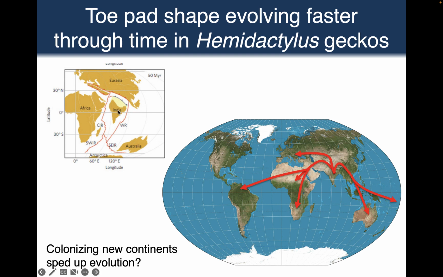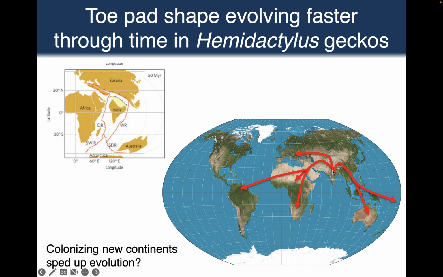Were Hemidactylus on the Indian subcontinent, and when it crashed into Asia, allowed them to colonize the rest of the world? Maybe, but the sister groups to Hemidactylus were also from Asia, so that doesn't quite make sense. Where if Hemidactylus were already present in Asia, maybe India crashing into Asia changed something or promoted the origin of Hemidactylus as a group in general.